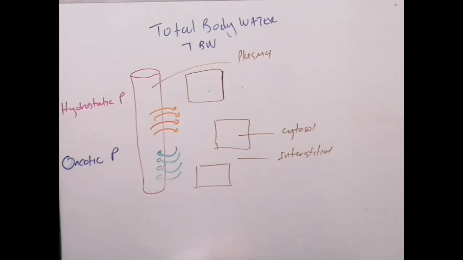Now, we know how the hydrostatic pressure occurs. It's because of the amount of fluid that is in the vessel that is exerting pressure against the endothelial wall, forcing fluid to escape into the interstitial space. Now, the oncotic pressure returns that water back into the intravascular.